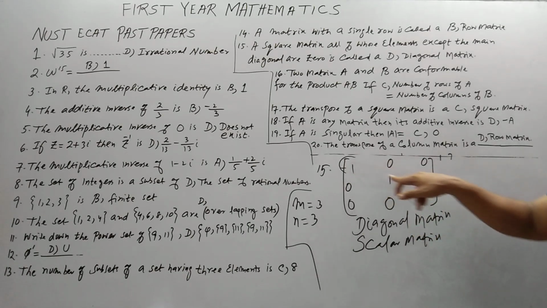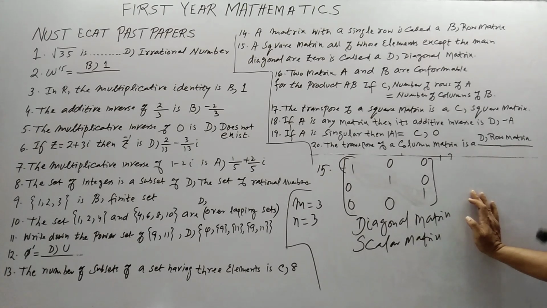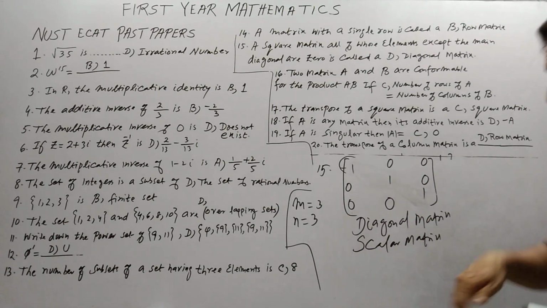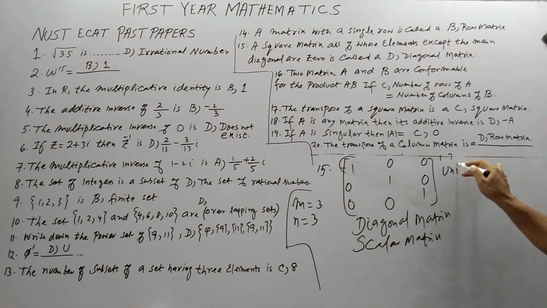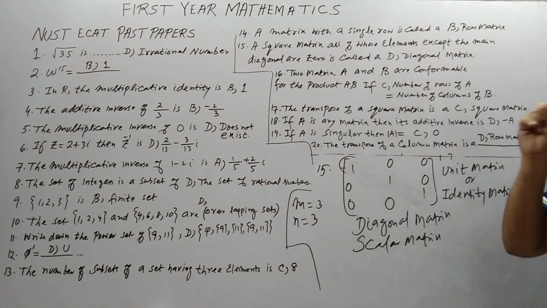Yes, because there are elements in the diagonal and all other elements are 0. My next question: is this a scalar matrix? Yes, because the diagonal is 100% the same. My third question: is this a unit matrix? Yes. Another name of the unit matrix is the identity matrix. Why? Because the whole diagonal is 1.